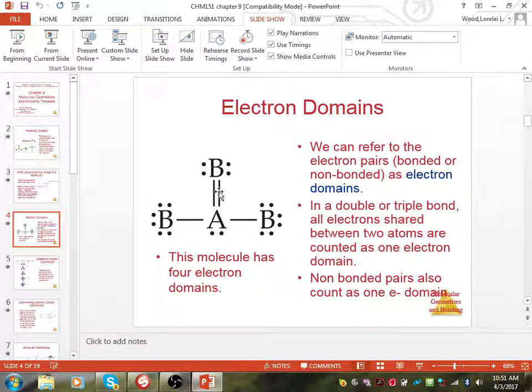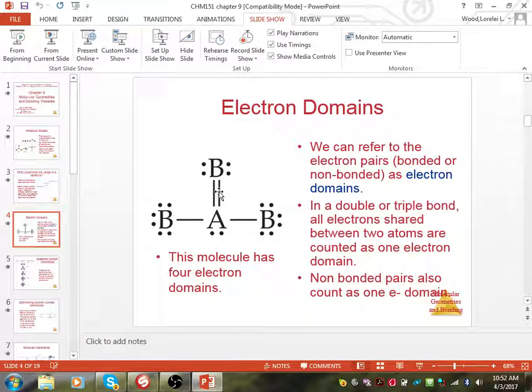So if I was looking at just the electron geometry of this molecule, there would be 4 lobes of repulsion. Remember we did the balloons thing? There would be 4 balloons I would use to represent the geometry around the central atom. So if we have 4 electron domains, what do we call that geometry? Tetrahedral. Okay, that's the electron geometry in this particular molecule.